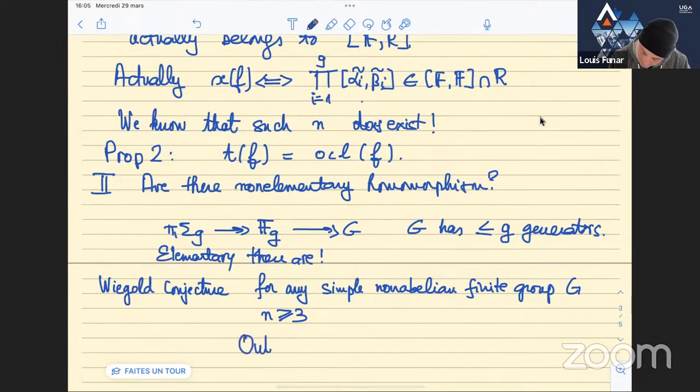That is again the automorphism group. I'm taking Aut of F_n, and now I'm taking the homomorphisms, which I'm denoting by S, meaning surjective, from the free group on n elements to G.